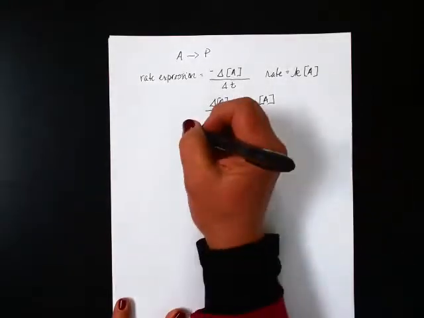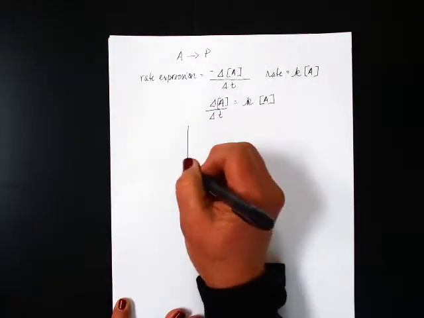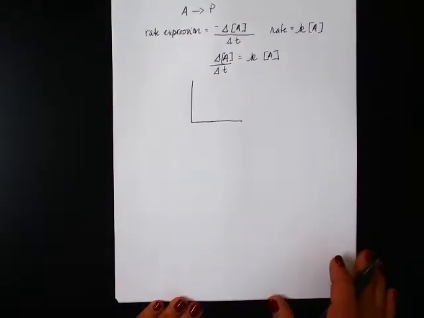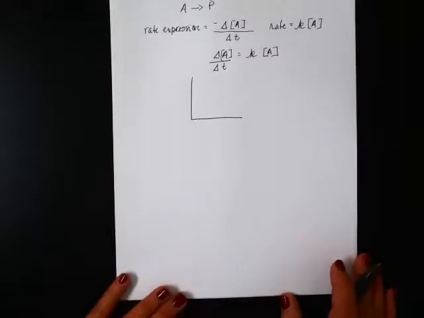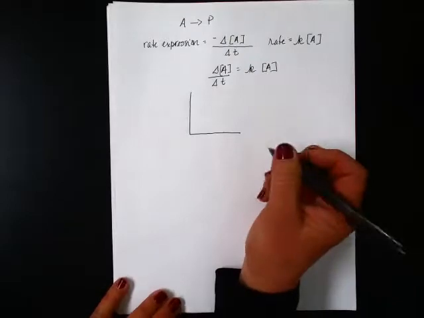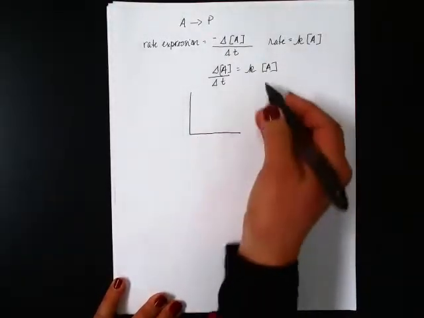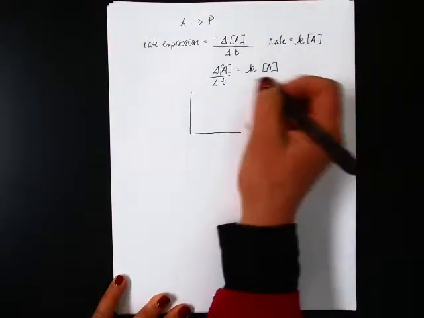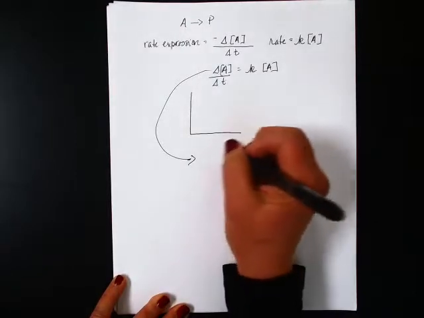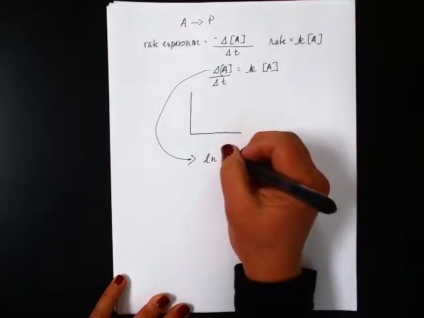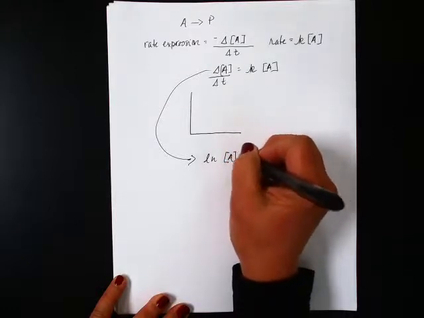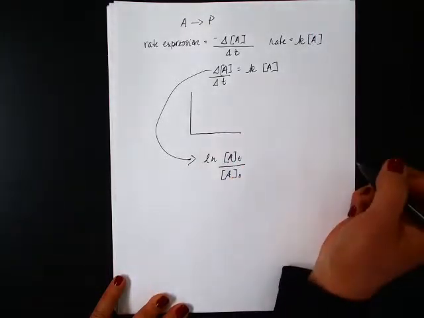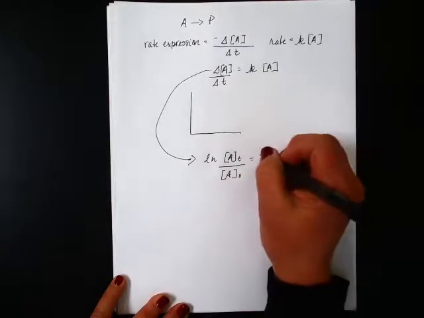We can express this graphically, but first let's take a look at a different form. So this is a combined rate law. And so from this expression, we can say that the ln of A at time t divided by the concentration of A naught, which is A initial, is equal to negative kt.